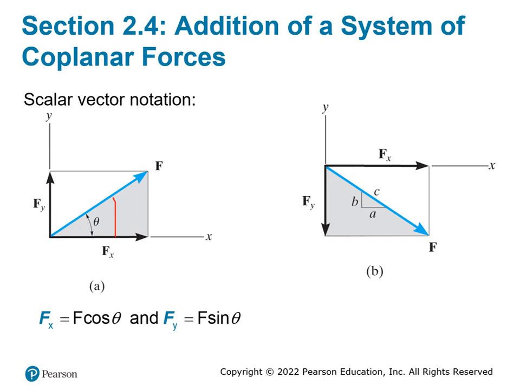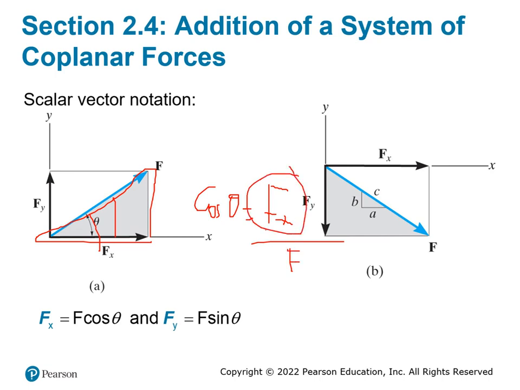So how do we get that? Let's take this triangle over here. We have theta. If we use cos theta for that triangle, cos theta will be our adjacent side, that is Fx, divided by F. If we want to find Fx, we take Fx as the subject, which gives us Fx equals F cos theta.